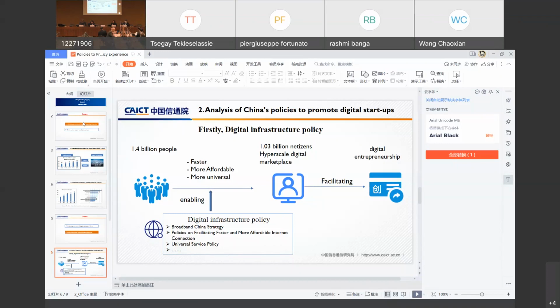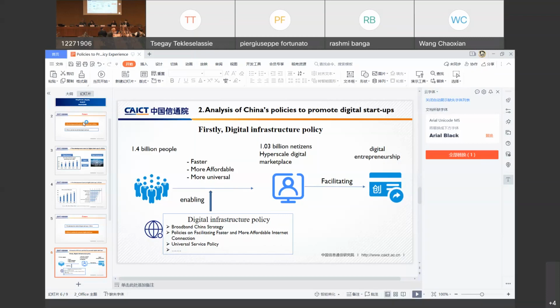I will share three views on this issue from a policy perspective. The first one is digital infrastructure policy, which aims to build an advanced and inclusive digital infrastructure and lay a solid foundation for digital entrepreneurship to flourish.